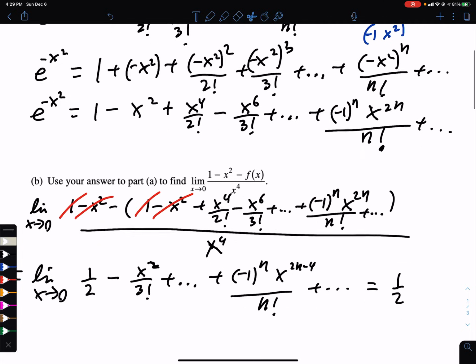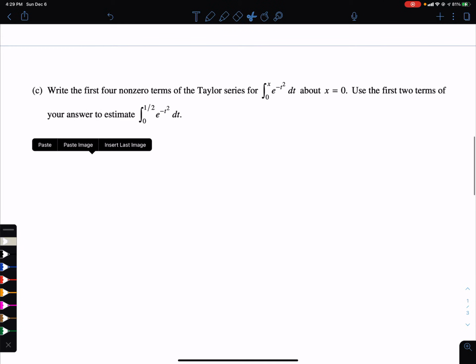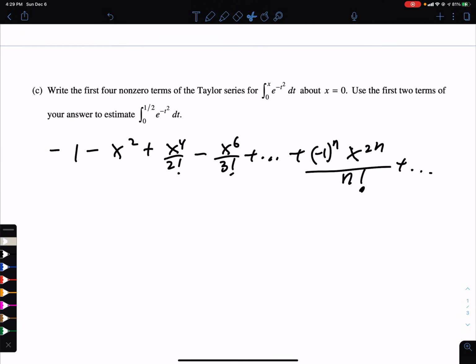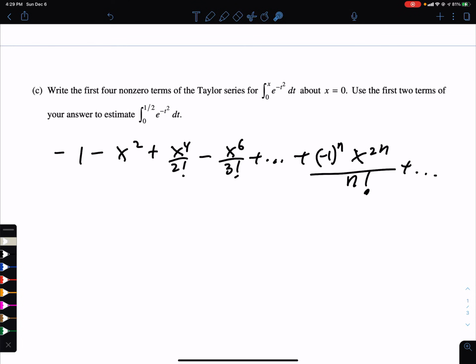So copy, paste, bam. But here's where we're going to get ourselves in trouble if we're not careful. It's dt and t. We got to replace all our x's with t's and make this dt. So all these x's, I'm going to turn into a t.